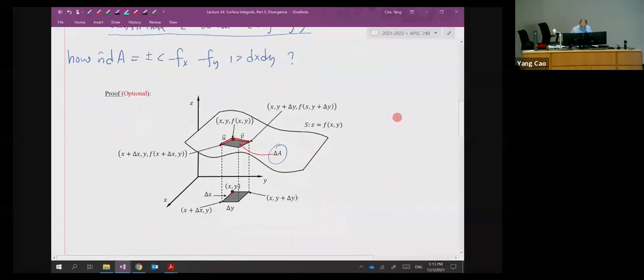Second, if you recall, for any small patch on the surface, you always have a perpendicular vector, normal to that little patch or normal to the surface at that location. That's n hat. n hat is a normal vector to the surface at a certain location. And we're looking for n hat dA.